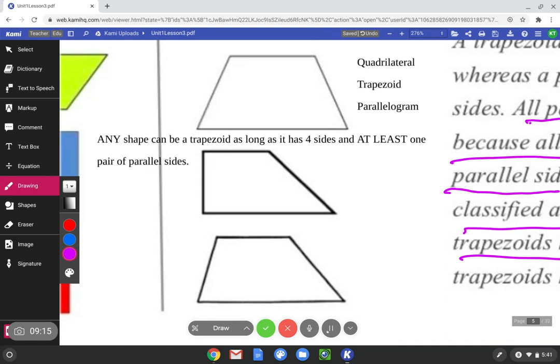Let me repeat that again. Any shape can be a trapezoid as long as it has 4 sides and at least 1 pair of parallel sides. There is no one right way to be a trapezoid. A trapezoid can come in many different shapes and forms.